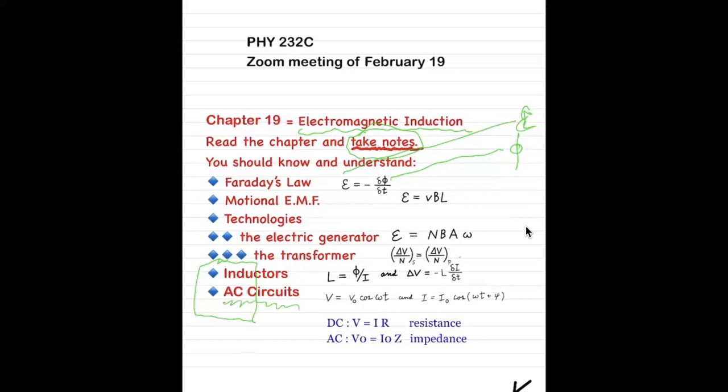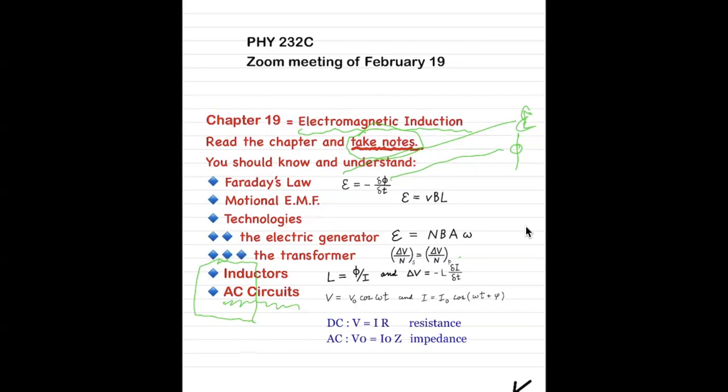In an alternating current circuit, the voltage is alternating in time sinusoidally, might be V0 cosine omega t. The current in the circuit will also be alternating in time, so it's called alternating current, with the same frequency, omega. Omega is the angular frequency. There may be a phase shift, and there'll be some amplitude of current oscillations.